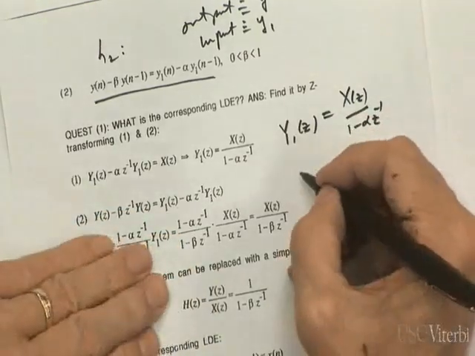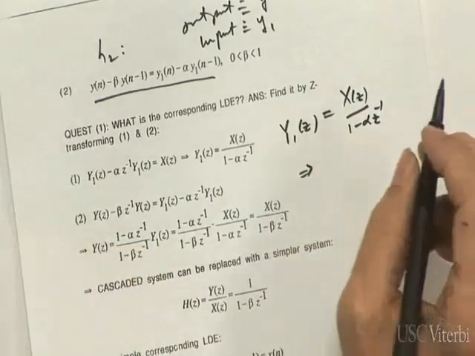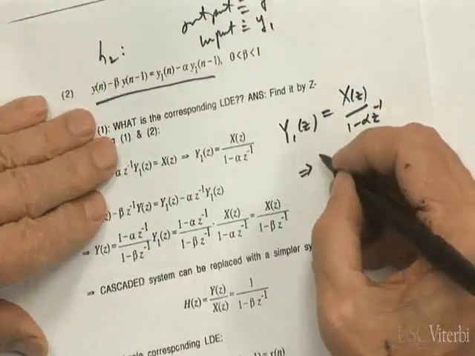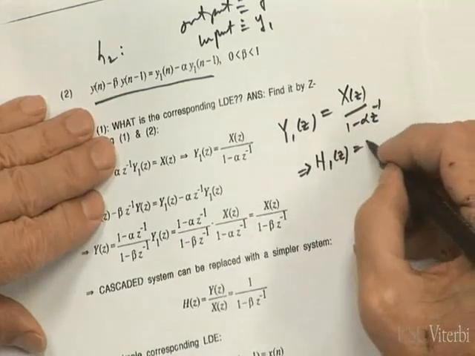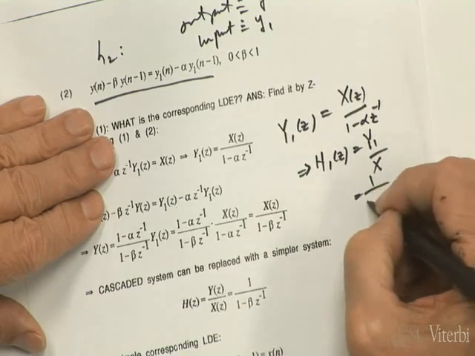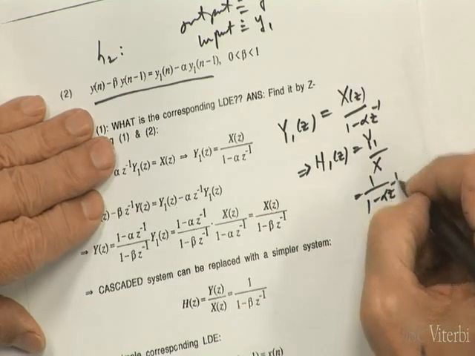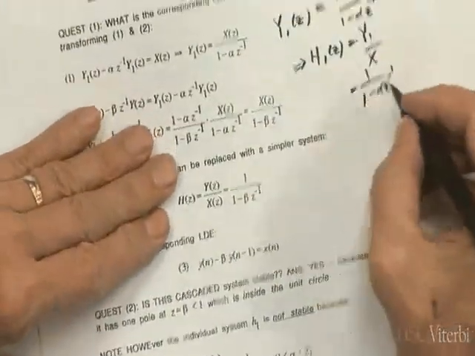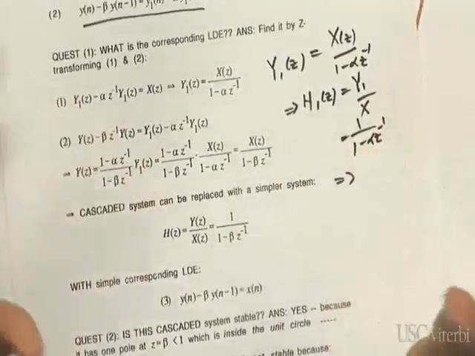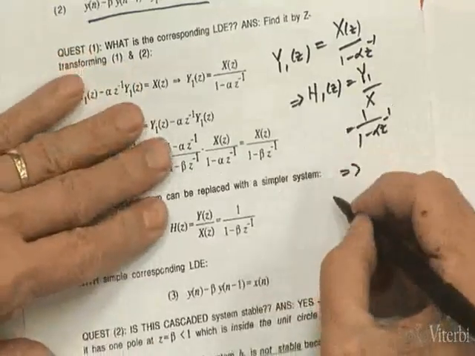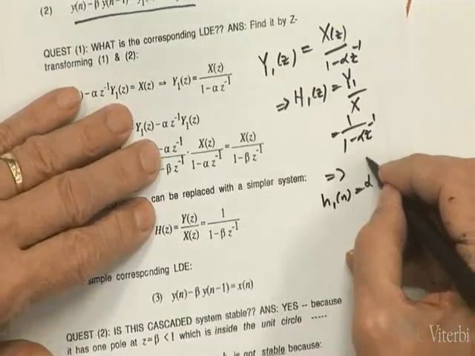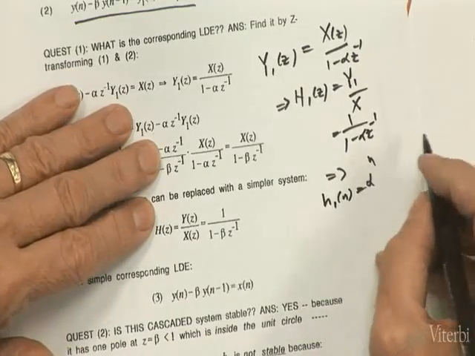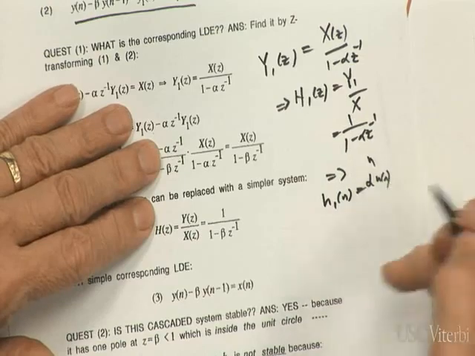That implies, remembering that for the first system y1 is the output, that h1 of z, the ratio of y1 over x, is going to be our old friend, the geometric guy. And since everything is right-sided, namely causal, h1 of n is equal to alpha to the n times u of n.